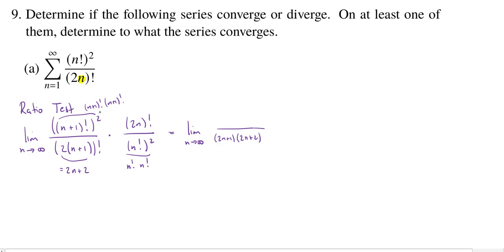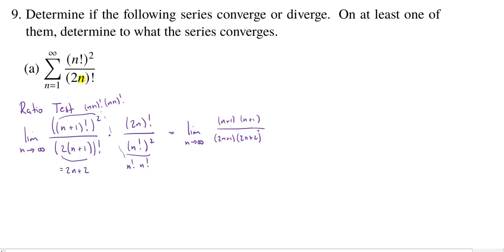And now I'm just going to compare these piece by piece. N plus 1 factorial, you multiply from 1 through n plus 1. N factorial, you multiply from 1 through n. So I'm going to get cancellation here, and the only thing left will be an n plus 1. Again, n plus 1 factorial over n factorial will be n plus 1.